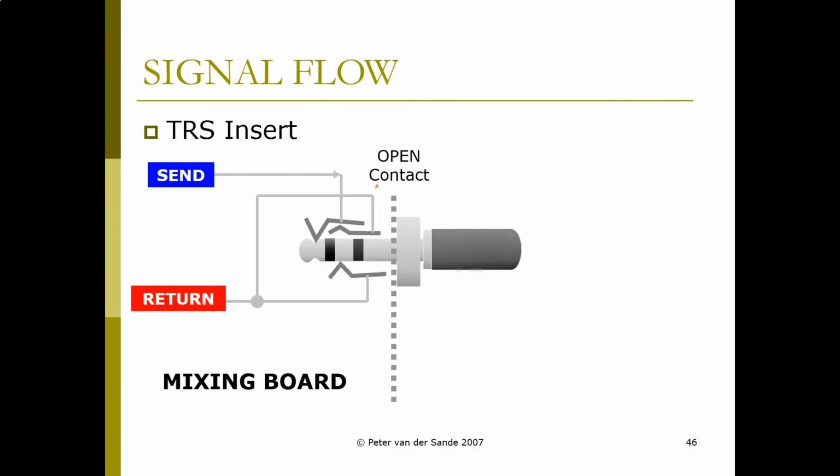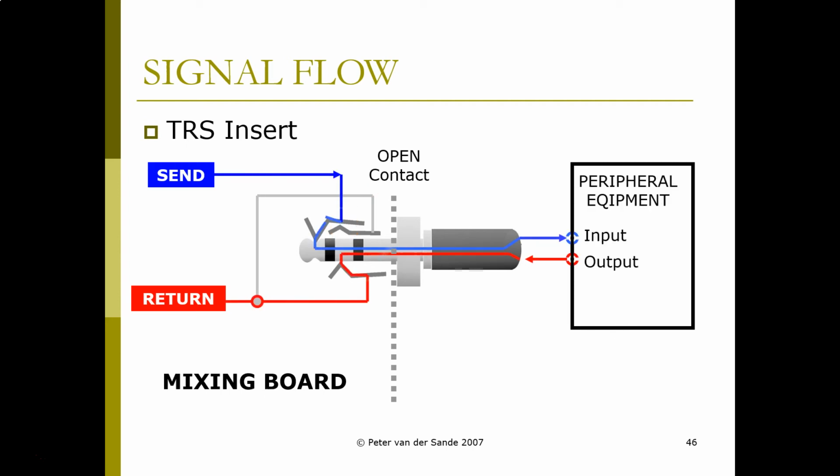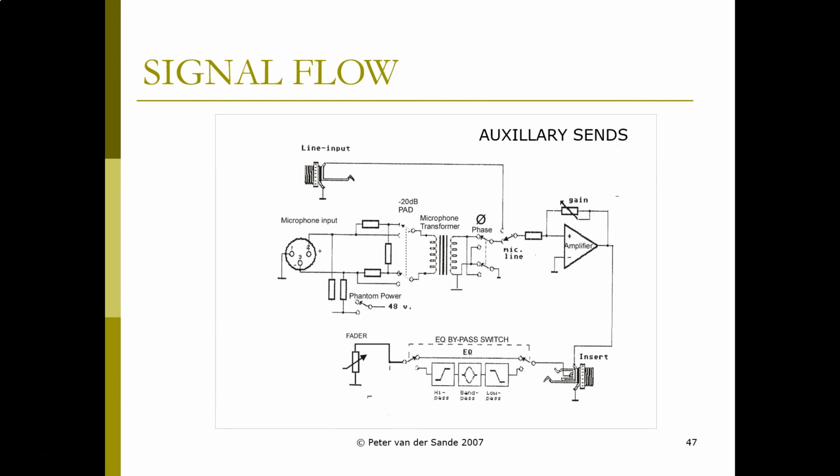When a plug is plugged into the connector, the switch opens, and now the send is connected to the tip of the 1/4 inch, which then goes out to the peripheral equipment plugged into the TRS insert, and it comes back through the ring and then goes into the remainder of our mixing circuit. So this is what happens in the lower right-hand corner with that insert connector.